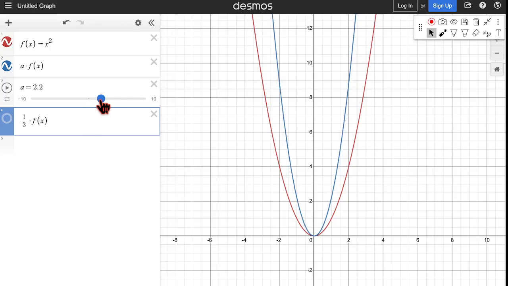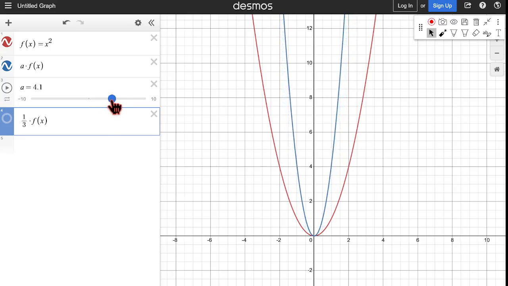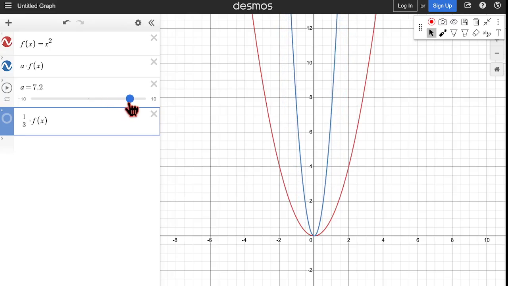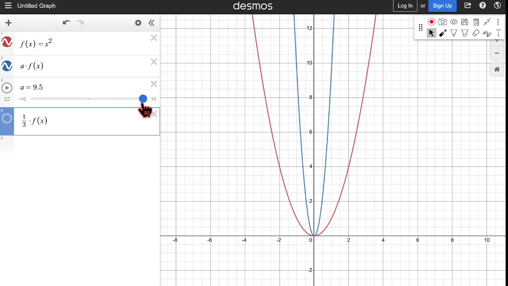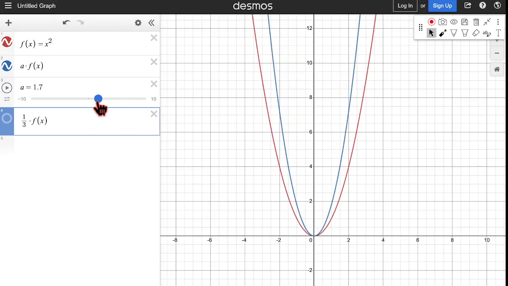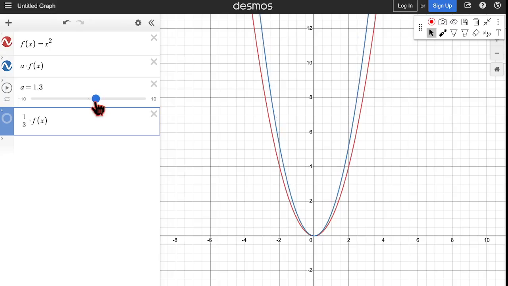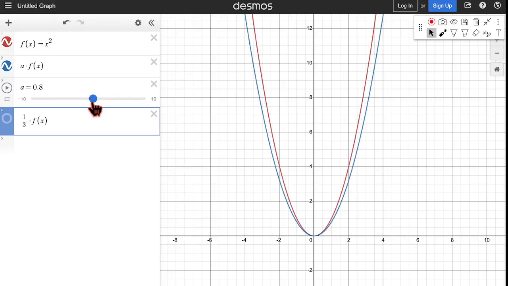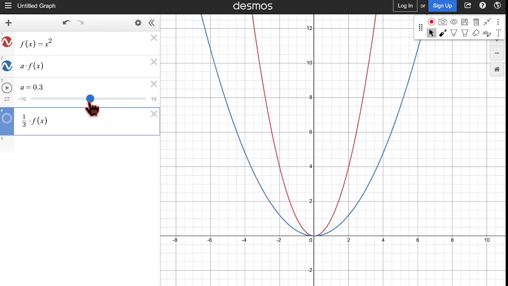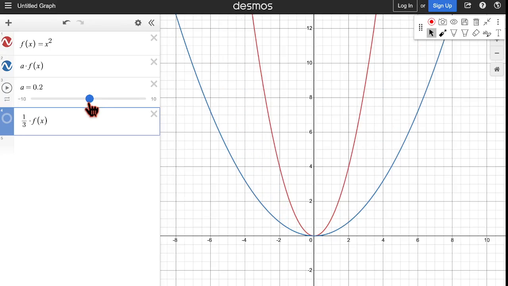But if we make it bigger, we're stretching, think of it as stretching it upwards, which makes it look thinner. Each y value is going up that way. And now this is a thing, it's not about being negative, but if it's less than 1, that's the reciprocal. And then we get a vertical shrinking.